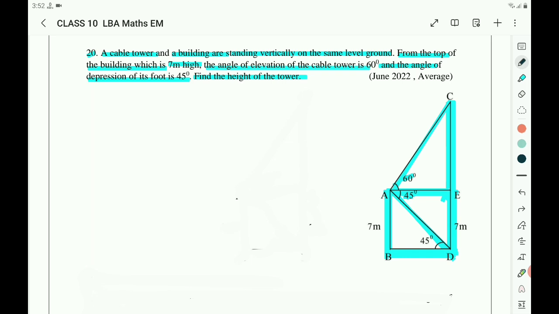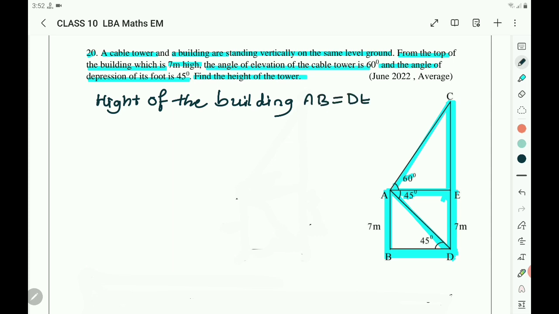Then you write, height of the building AB equals DE equals 7 meter.